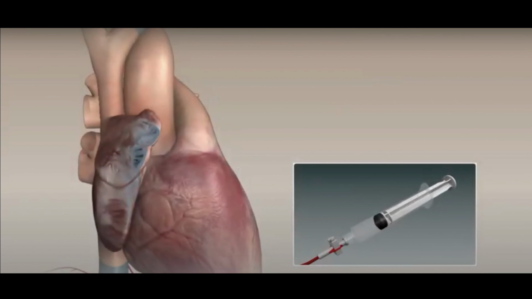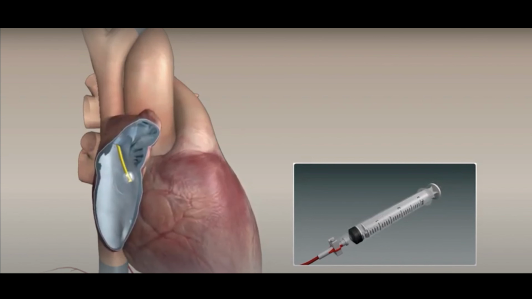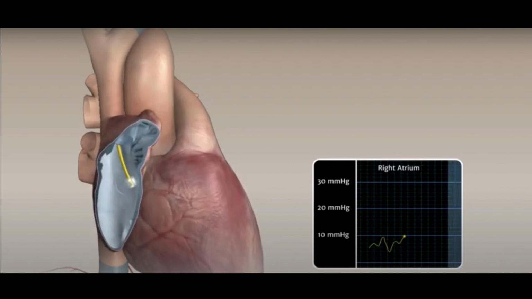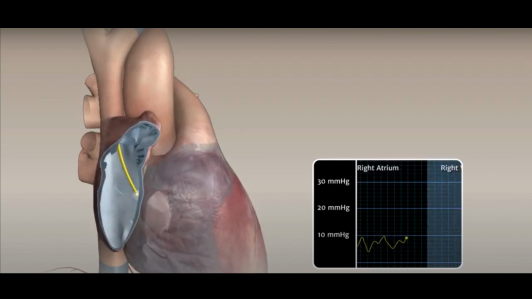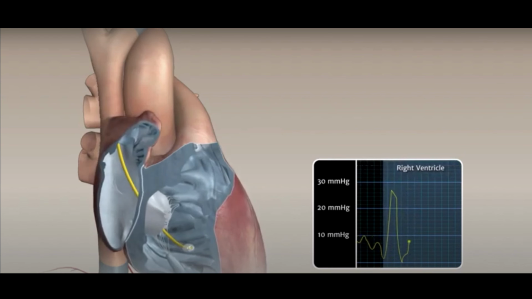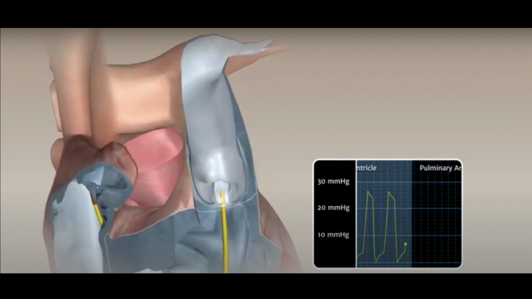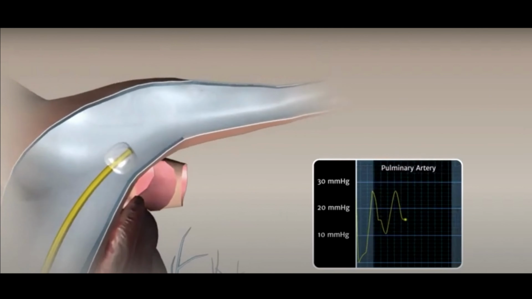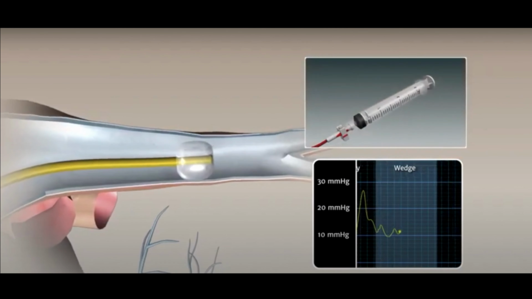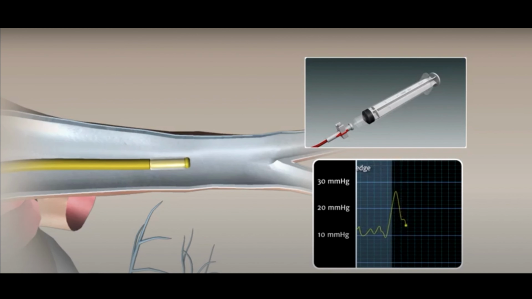The procedure involves the insertion of a pulmonary artery catheter into the right side of the heart and into the arteries that lead to the lungs. The pulmonary artery catheter has a balloon tip on the end. The balloon allows the catheter to be carried by the flow of the blood to help the catheter move smoothly through the blood vessels and into the right chamber of the heart.